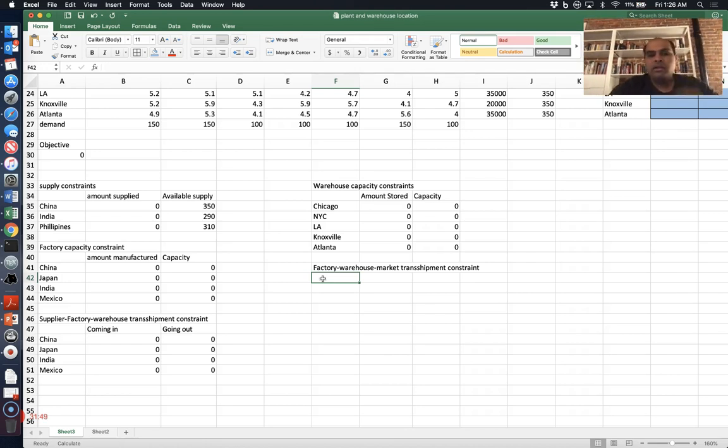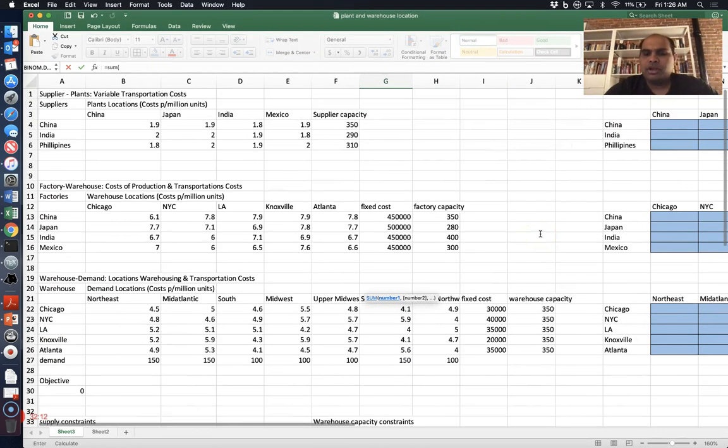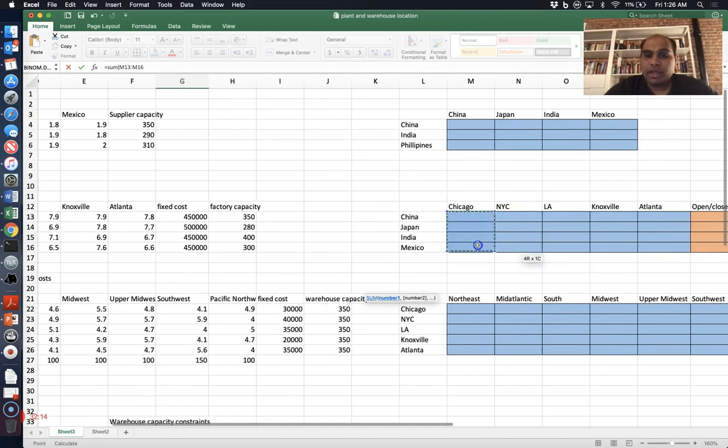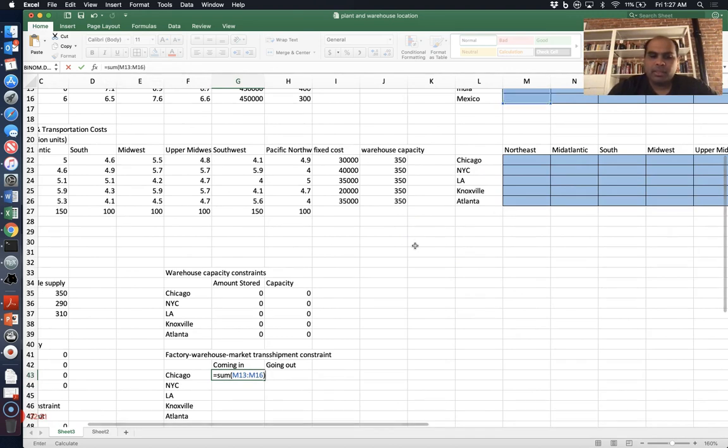So let's write that. These are our warehouse locations. Everything coming in is equal to everything going out. Let's write this constraint. Everything coming into the Chicago warehouse location, this is everything coming in to the Chicago location from the 4 potential plant locations. That's everything coming in.